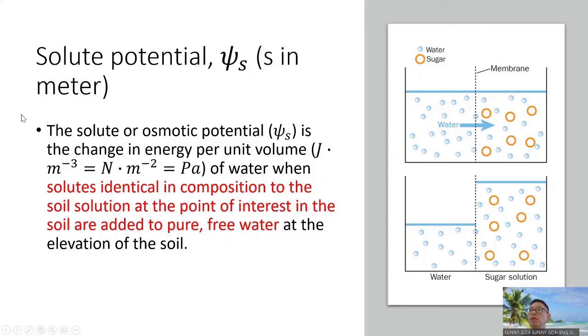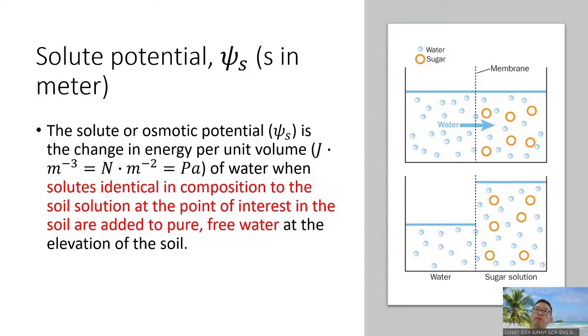Solute potential. The solute or osmotic potential is the change in energy per unit volume of water when solutes identical in composition to the soil solution at the point of interest in the soil are added to pure free water at the elevation of the soil.